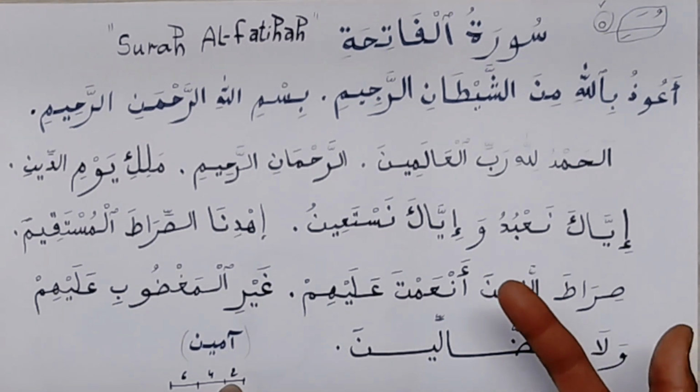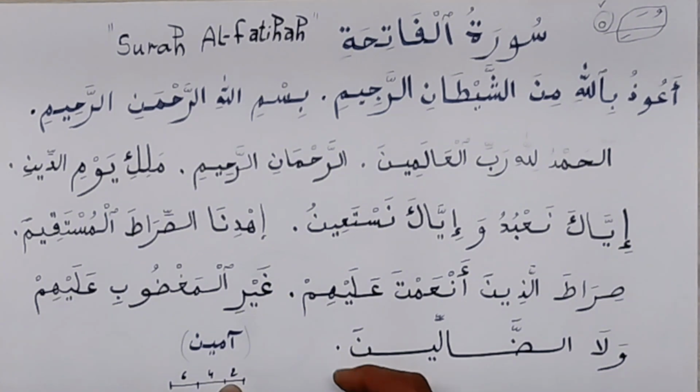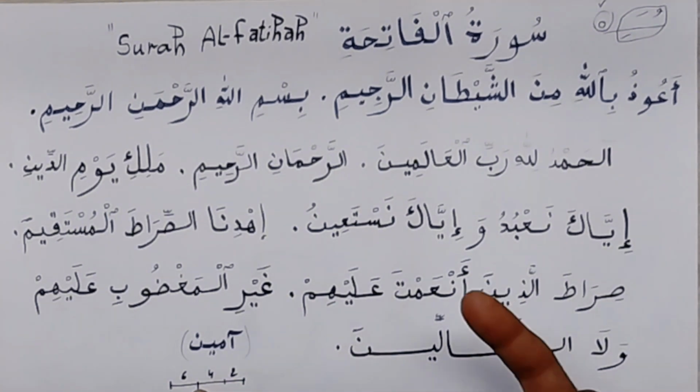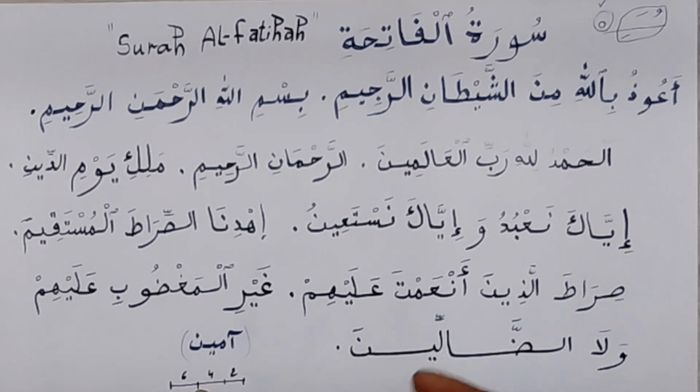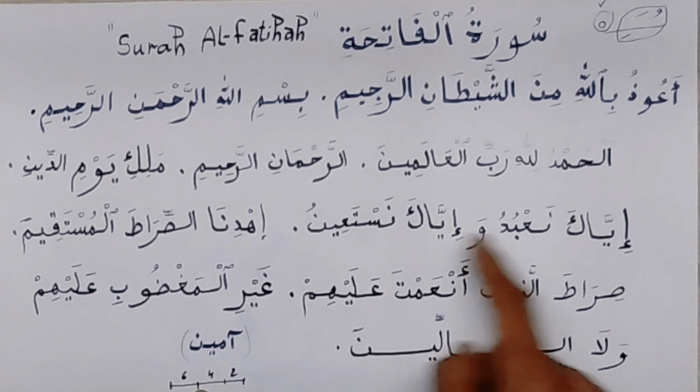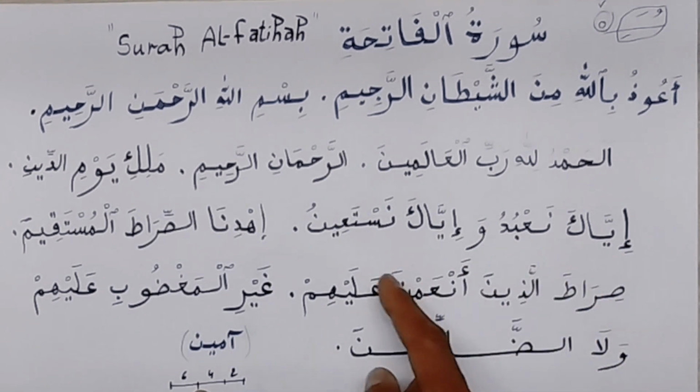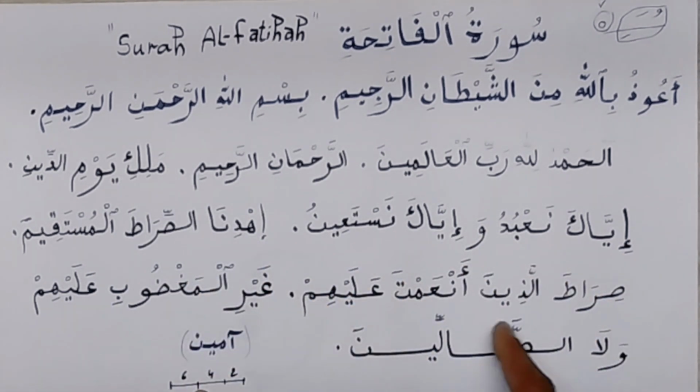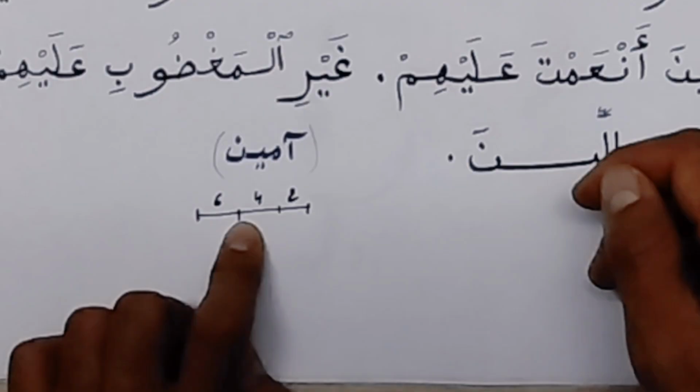Okay, 2. But sometimes we may find 4 harakat, not in just one kind of mudud, but many kinds of mudud that contain 4. I'm looking whether we have one of them here. No, we don't have a mad that contains 4 harakat here.